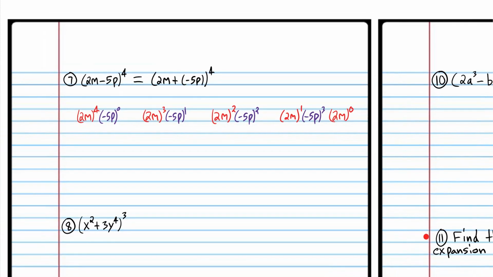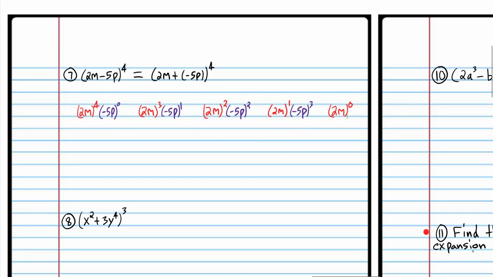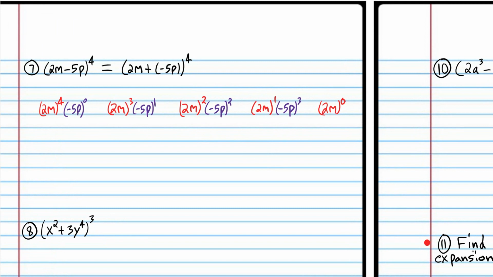And notice we're raising the whole purple expression to the power. We're not just raising p, we're raising the whole thing. So let me move this over a little bit. Then we have negative 5p to the 4th power.